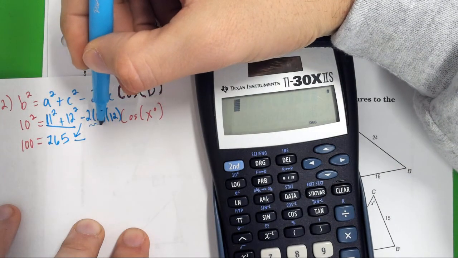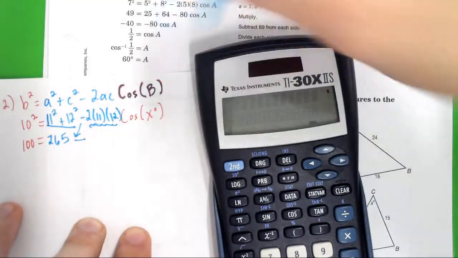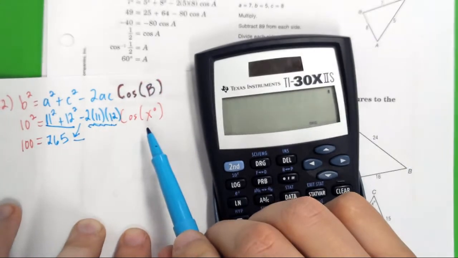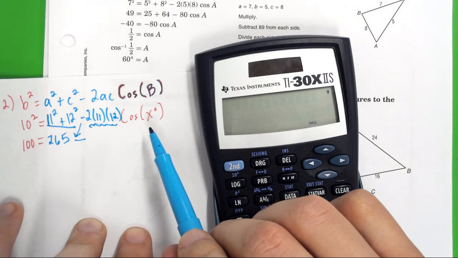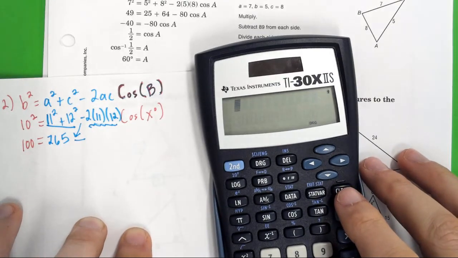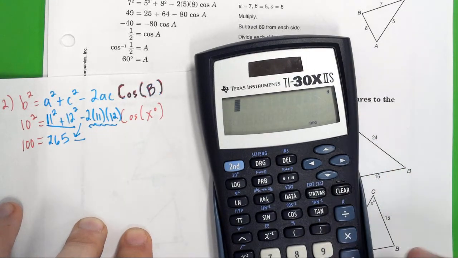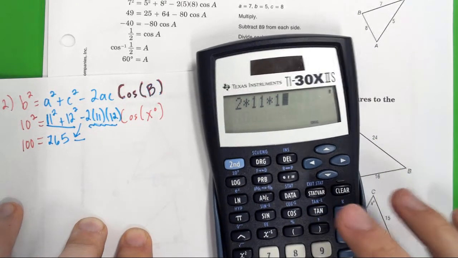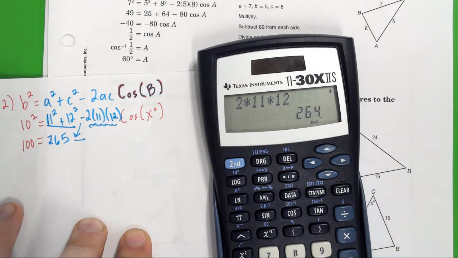I need to focus on this part right here. Because the 2, and 11, and the 12, if you try to multiply cosine of a variable, it's not going to really work out. Because that's not a value. 2 times 11 times 12 is 264.